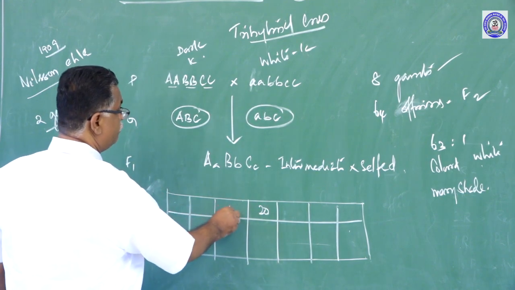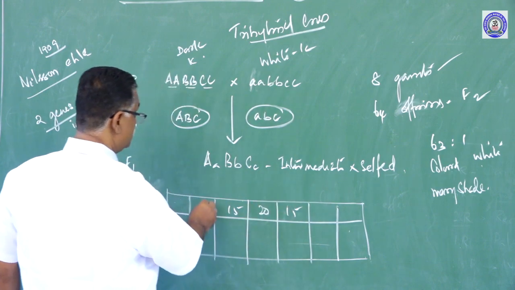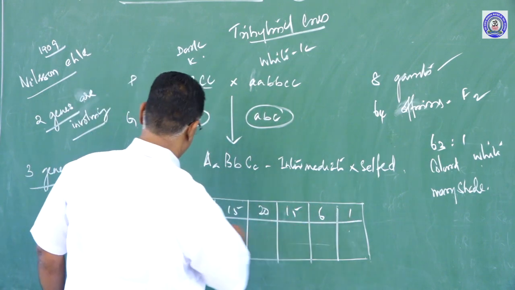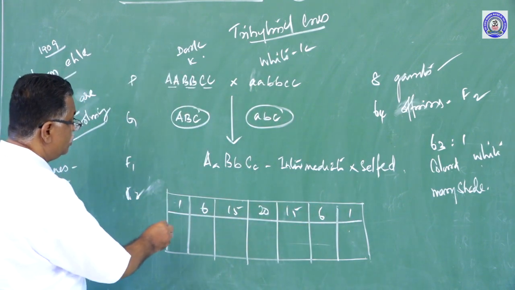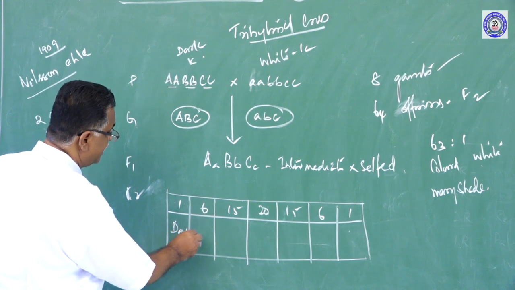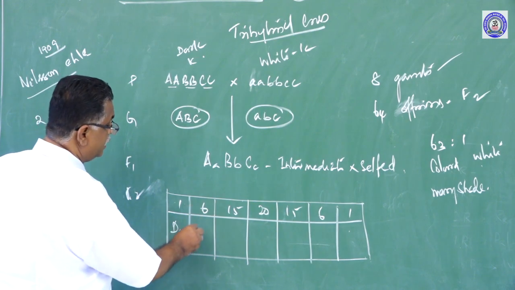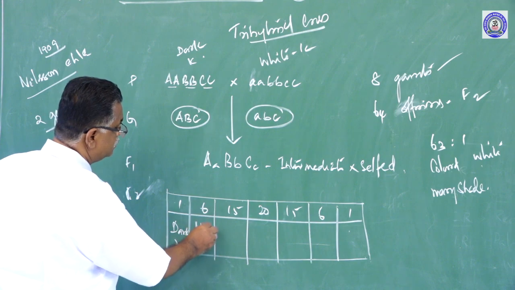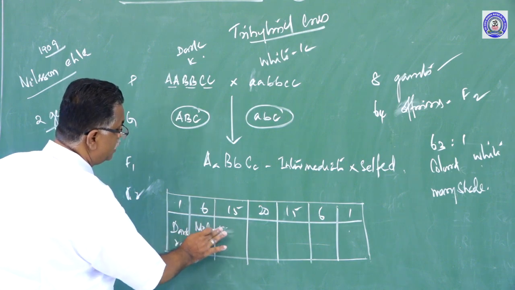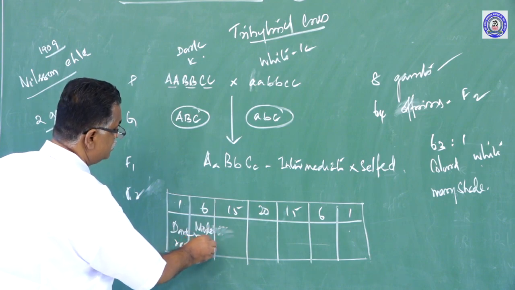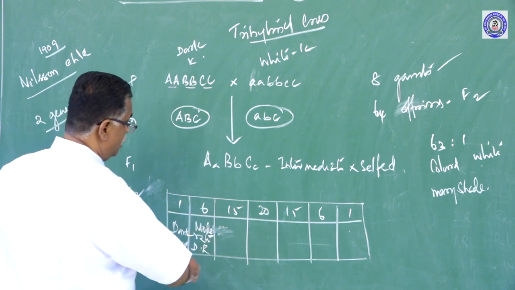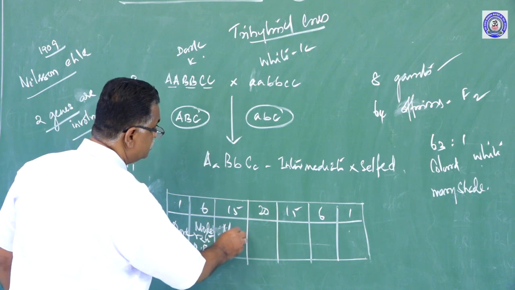Of these, 20 were of one variety, 15 of another variety, 6 of another variety, and 1 of another. One is dark red, another is moderate dark red, another is moderate red.